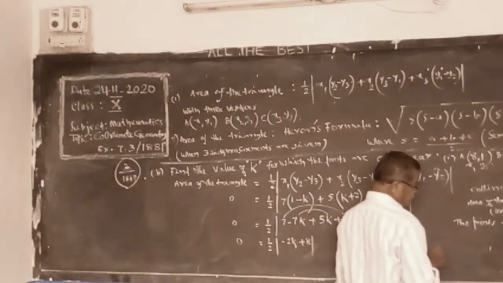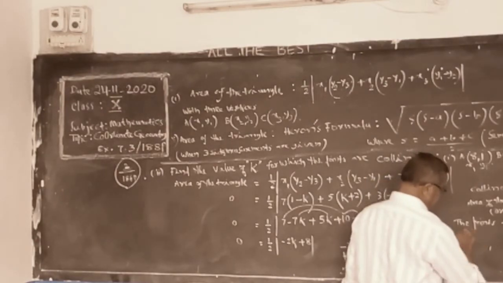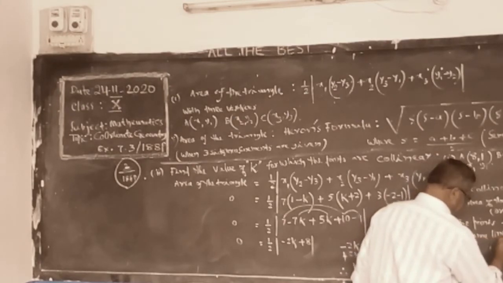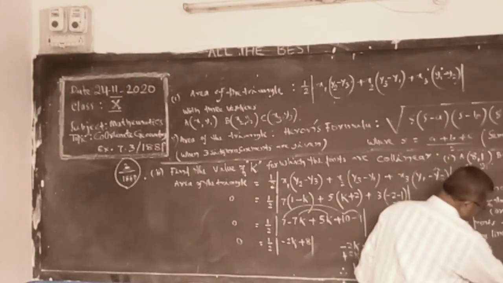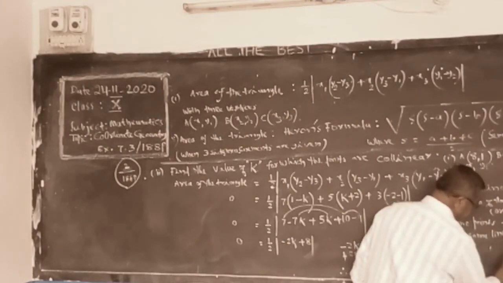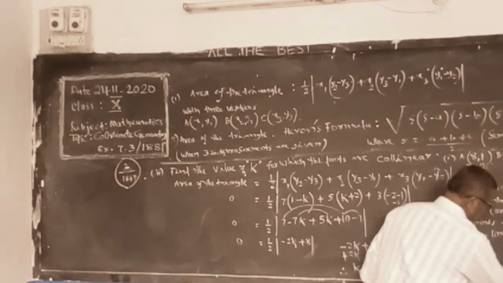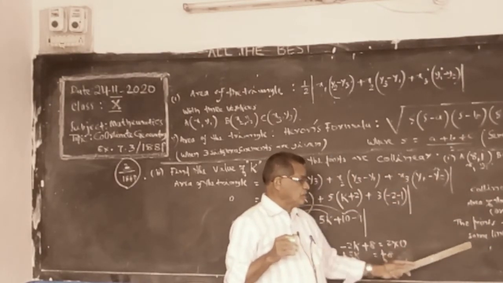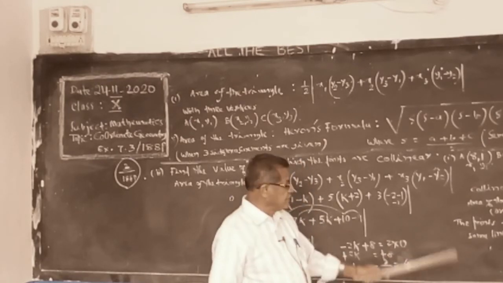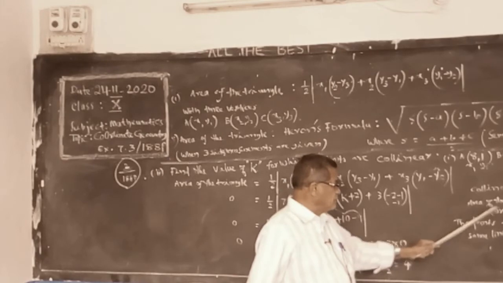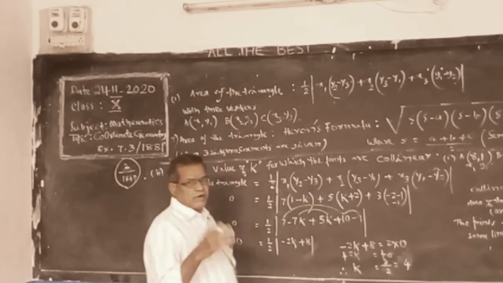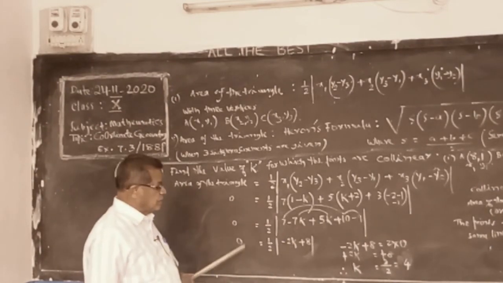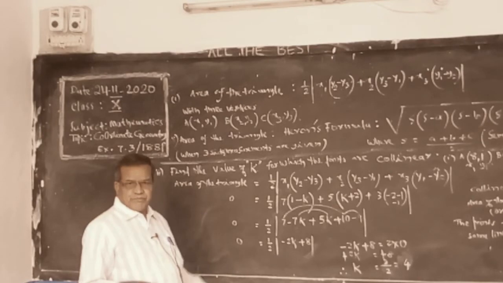When the points are lying on the same line, they are called collinear. Other meaning: no formation of triangle, no existence of triangle, because they are lying on the same line.